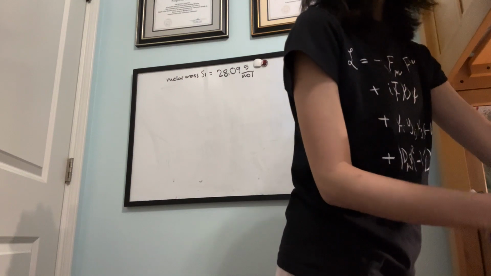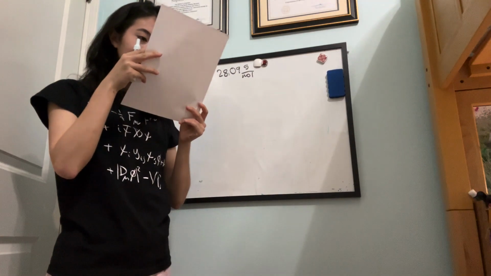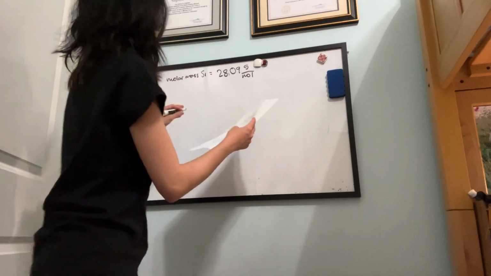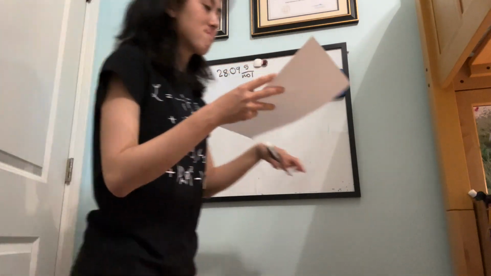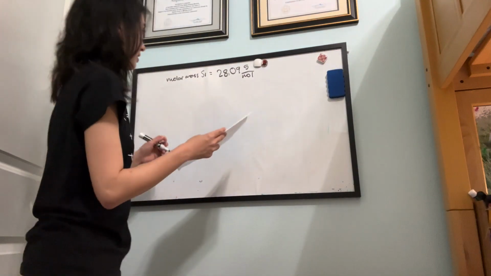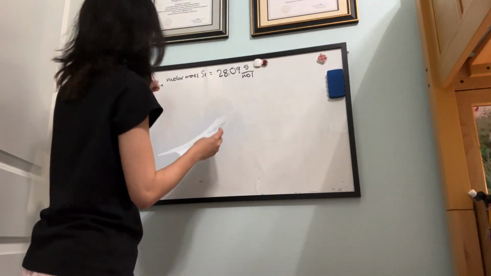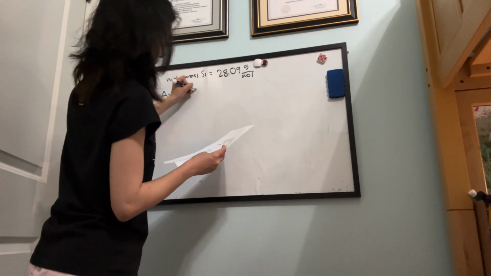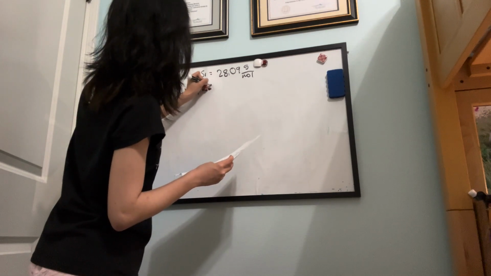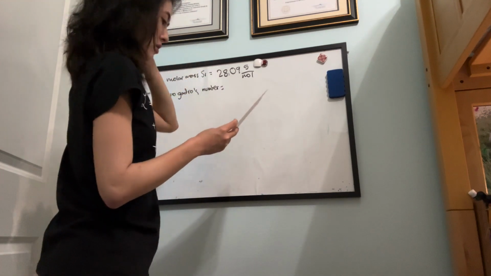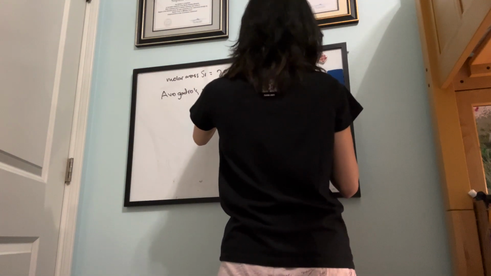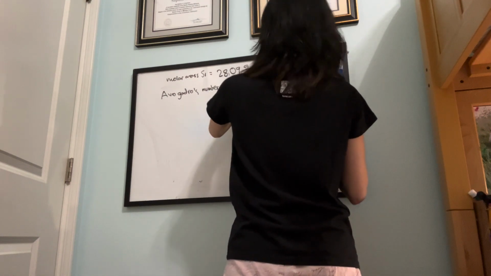So I'm just gonna write out Avogadro's number real quick. To my understanding, Avogadro's number equals 6.022 times 10 to the 23rd.